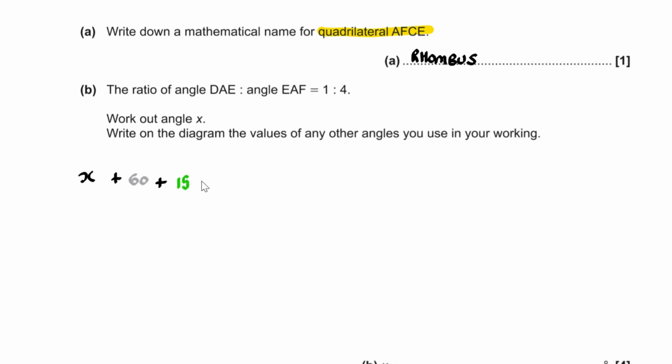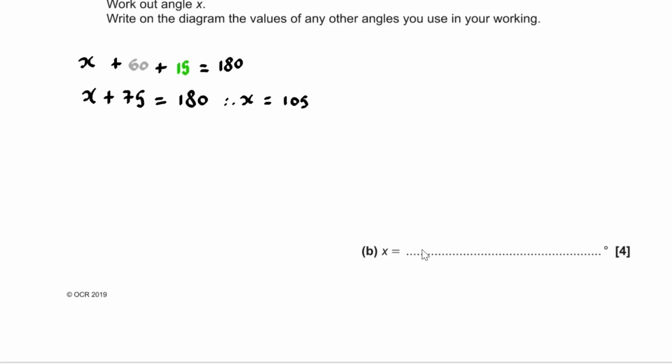All of this is equal to 180. 60 plus 15, that's 75, so we've got X plus 75 equals 180, and therefore X is equal to 105. We have X equaling 105.